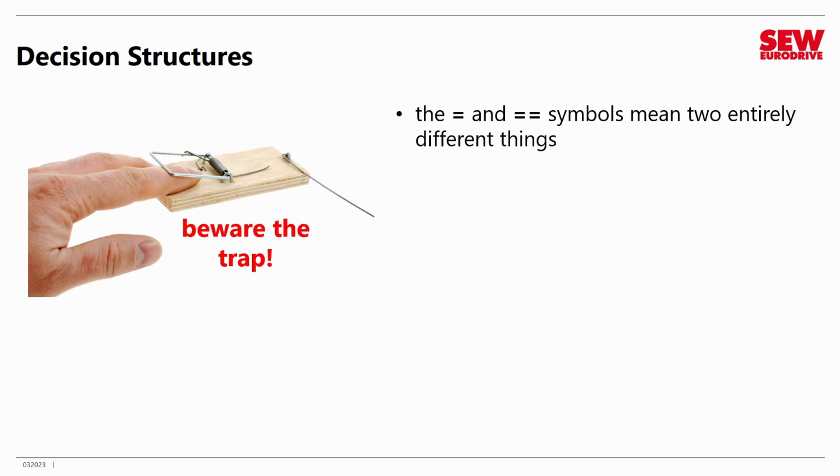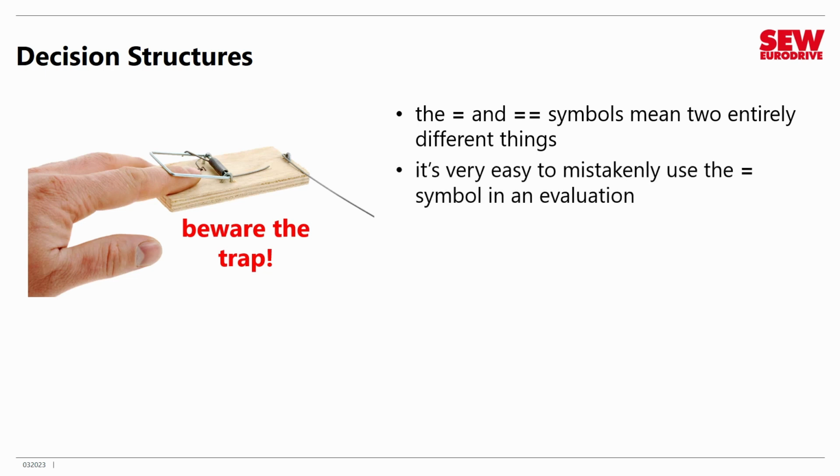The double equal is for evaluating whether something is equal to something. You cannot exchange these two things. They are totally different. It is very easy to use a single equal sign in an evaluation. The compiler will not complain when you compile your code, but your code will not run correctly.